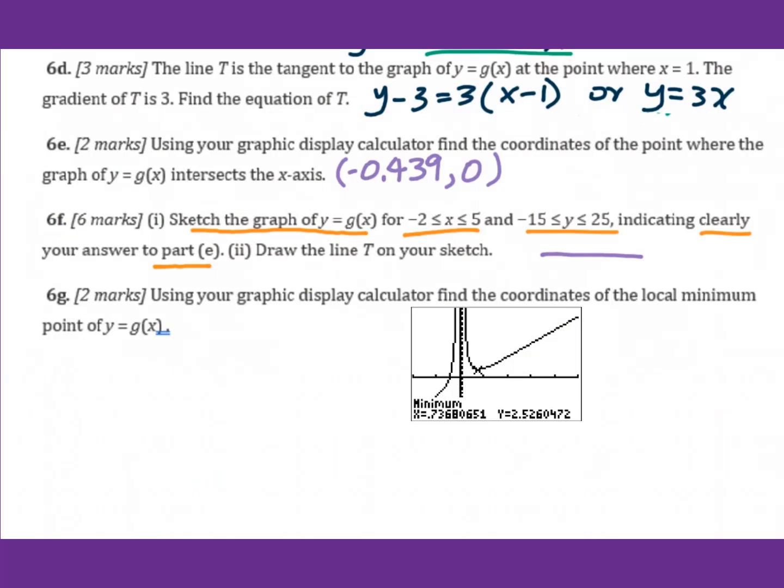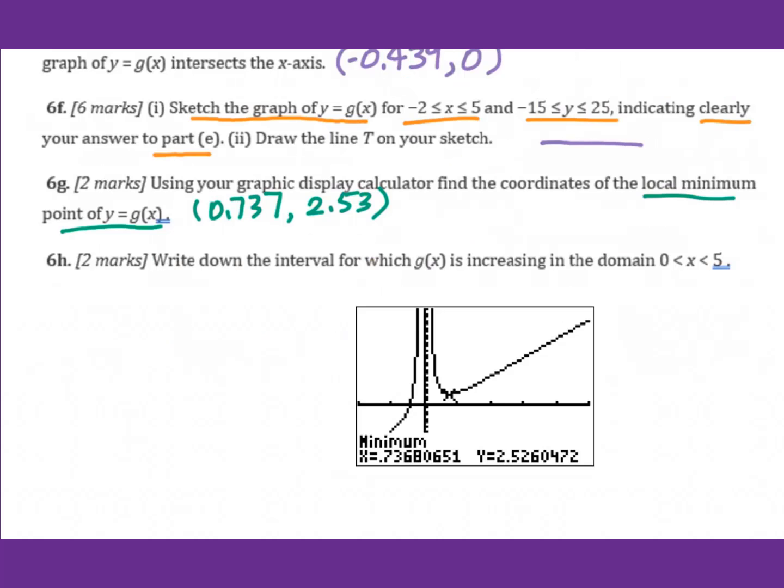For 6g, we need to figure out the local minimum point. That is 0.737 and 2.53. For 6h, write down the interval for which g of x is increasing in the domain x between 0 and 5. So we know this point is 0.737.